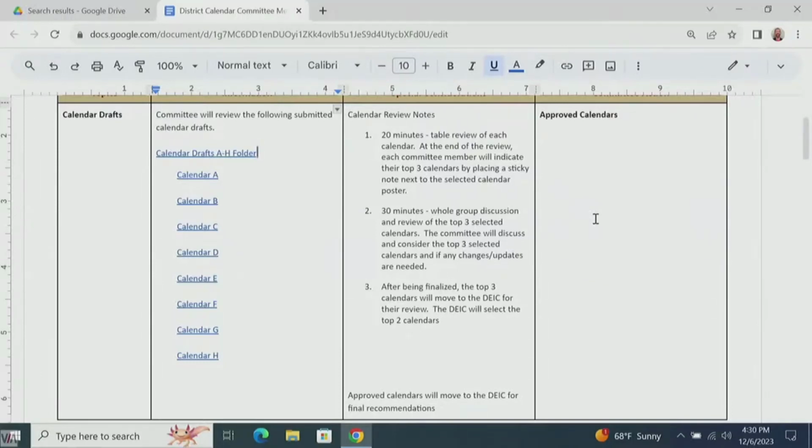You guys will take calendar A. You guys will take calendar B. C. You two will be calendar D. Calendar E. Did I give y'all a calendar? Yeah.